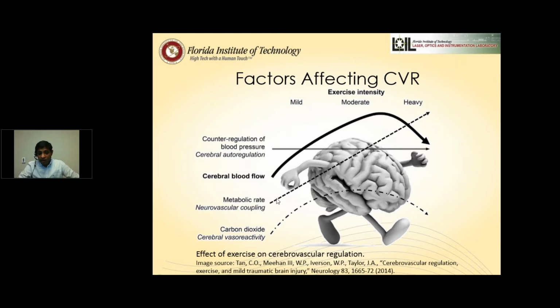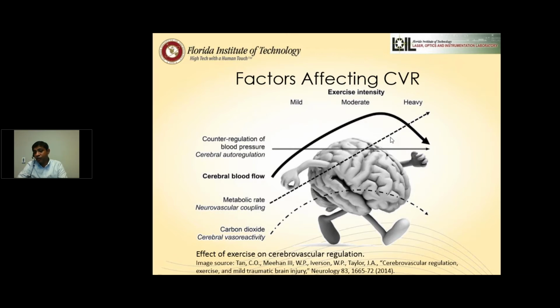Just to give you a perspective, when you exercise, your blood flow first starts increasing because of your metabolic activity. And when you are doing activity, your cerebral blood flow keeps on increasing up to a certain point.